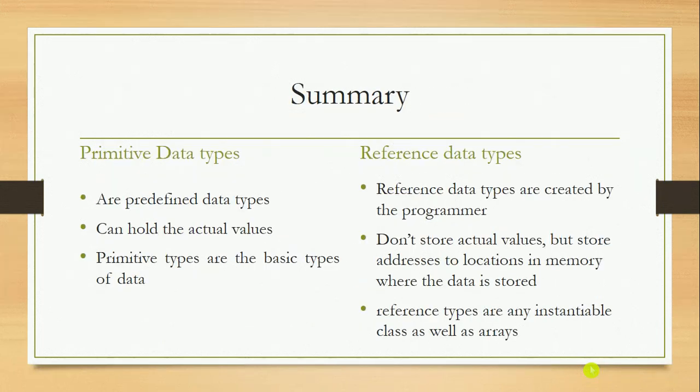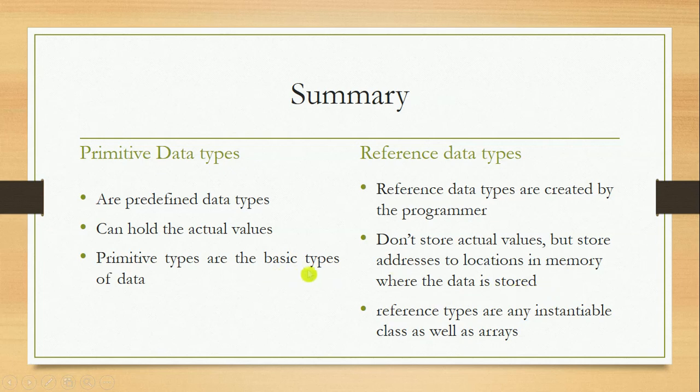Let's summarize. Primitive data types are predefined data types, whereas reference data types are created by the programmer. Primitive data types hold the actual value, as we have seen in our program, whereas reference data types do not store the actual values, but store the address to the location in memory where the data is stored.